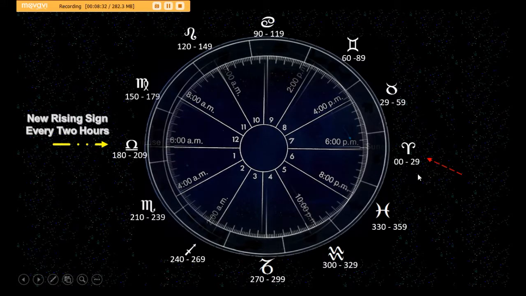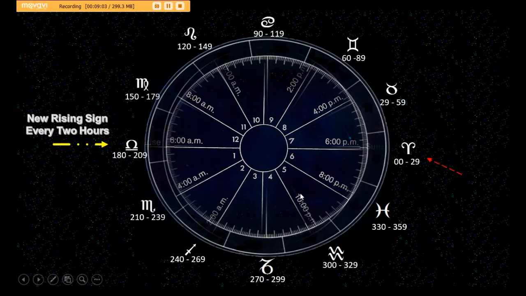So as you can see, if the sun is here and is rising, it has to go through 30 degrees. From 0 to 29 is 30 degrees, or 1 month that the transit of the planet will go through. Now the sun goes through 1 degree per day. These are degree points, and that would relate to how that planet is relating to that energy for the first part of spring.